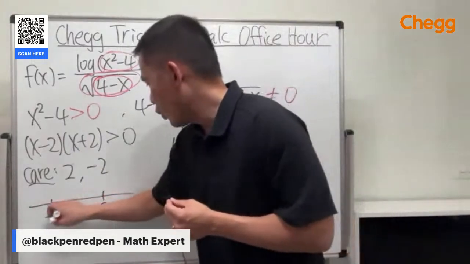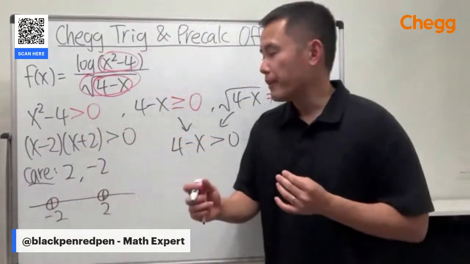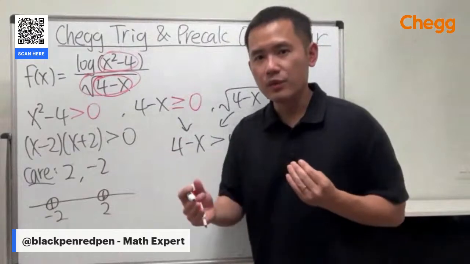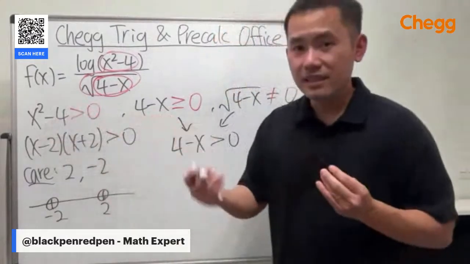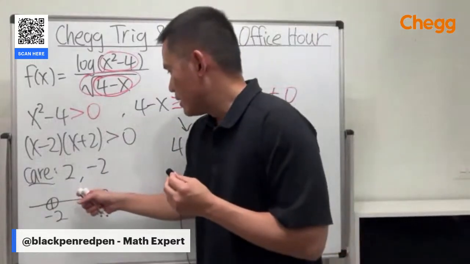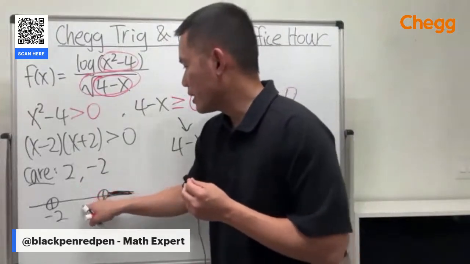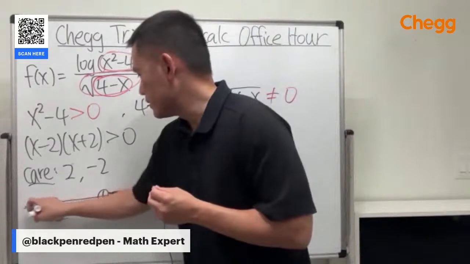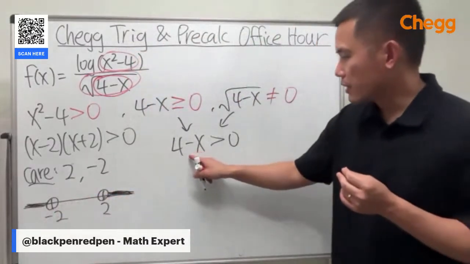Negative 2 and 2. Open circle, plug in, and then do the test value. This is just like the standard way, the safe way to do it. Or you could also put this to the other side and then take the square root, but make sure you use the absolute value. But anyway, so you will get this right here being positive, this right here being negative, and this right here being positive. So these two portions are the ones that we need.